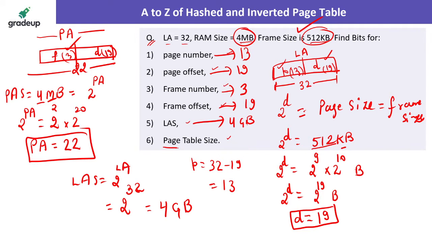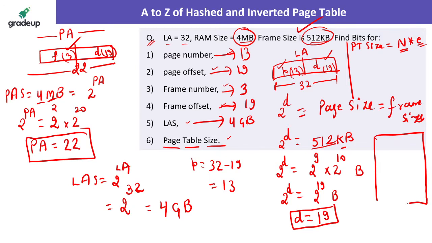And what is the page table size? You should remember the formula for page table size. Page table size is equal to N into E, where N is the number of pages and E is the entry size. Suppose this is your page table and these are the entries.